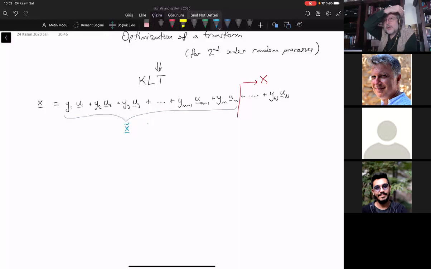So now what I want is to find the best or optimum basis u sub k, such that when I do this operation, the error between X tilde and X is minimized. That is what I will try.